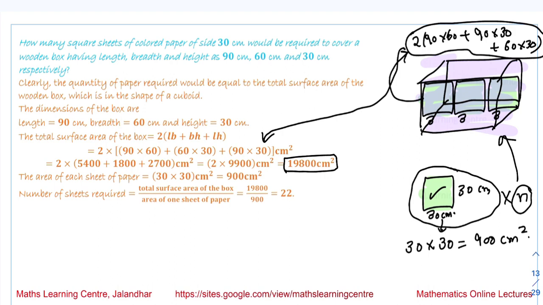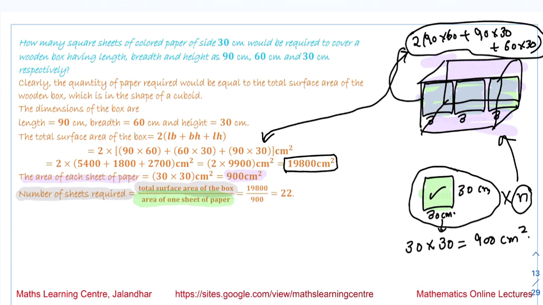So number of sheets will be, we are saying the area of each sheet of paper is 900 centimeter square. So the number of sheets required will be total area of the box divided by area of one sheet of paper.